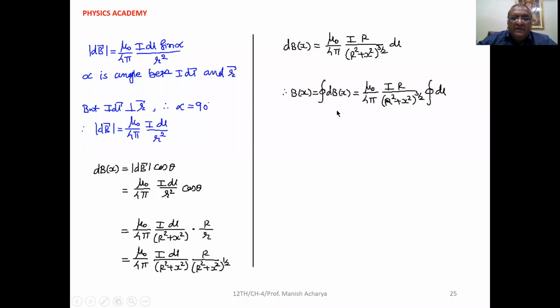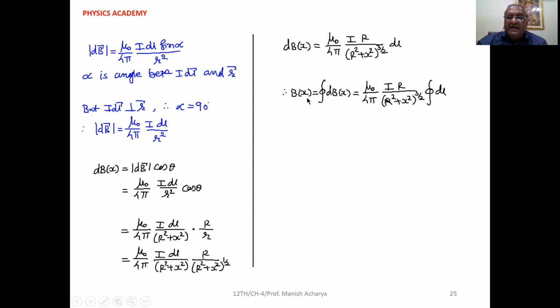Now see, if we take the integration of this equation over the circumference of the ring, then we will get the resultant magnetic field produced at point P due to this current carrying ring.